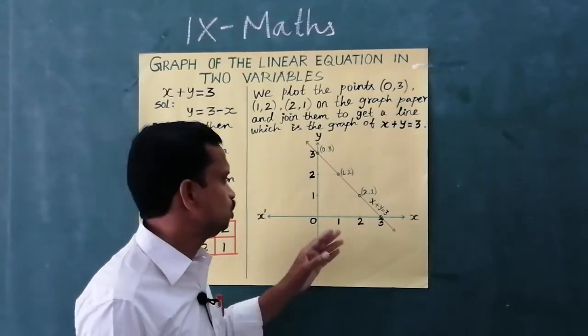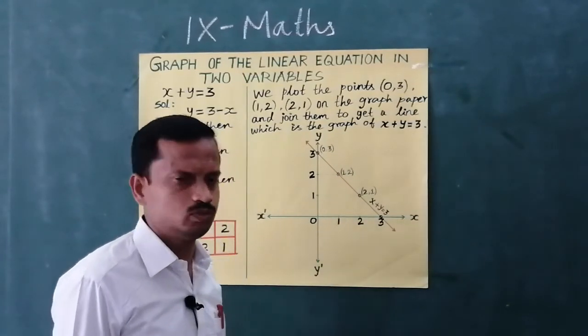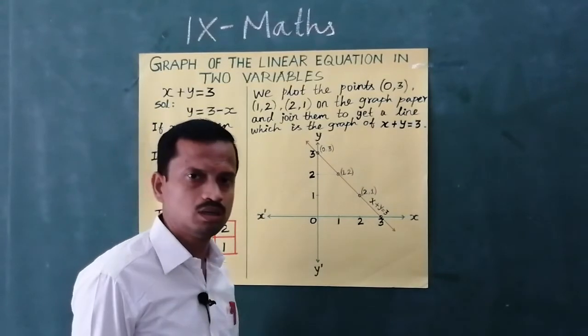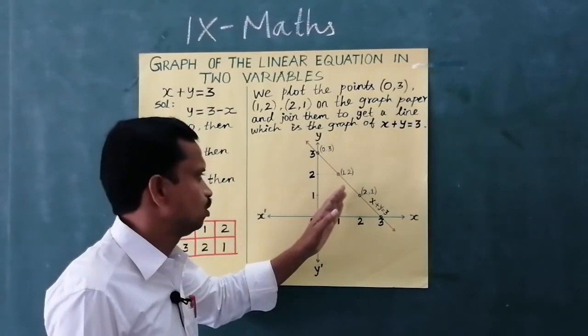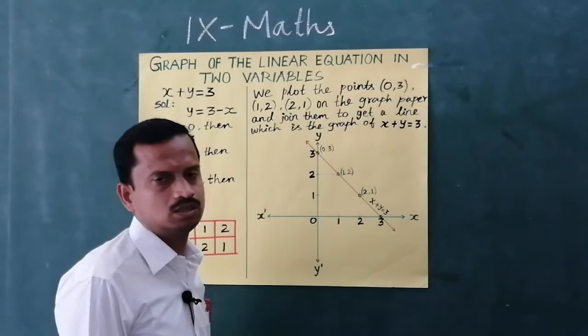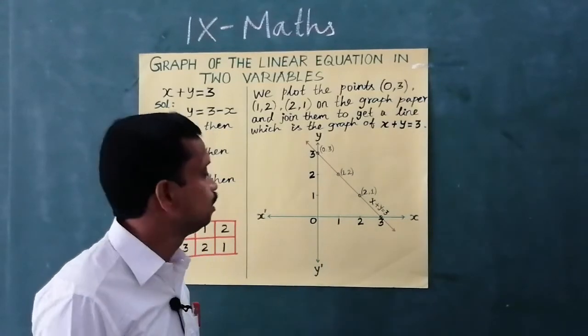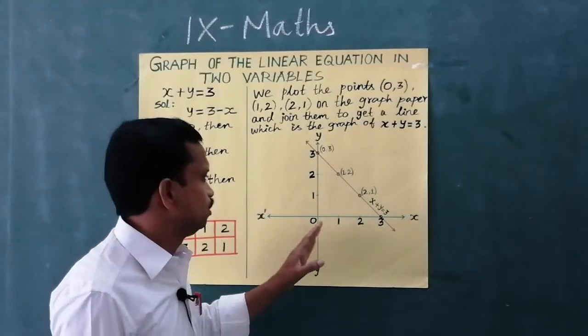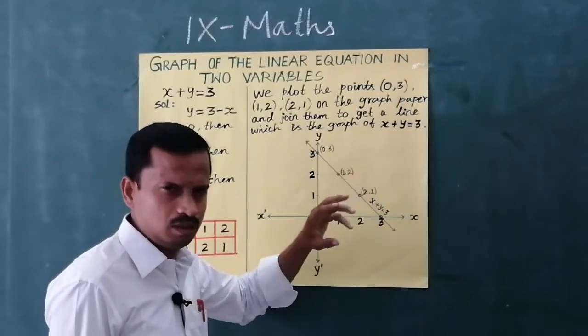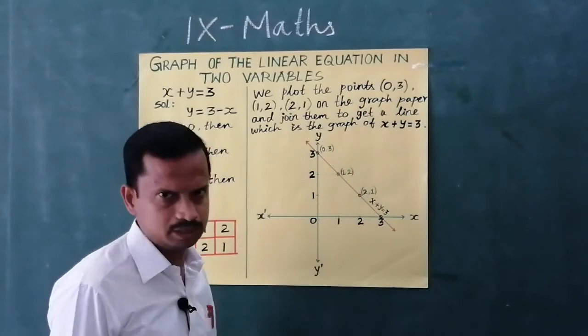So all these points will lie in quadrant 1 or on the x or y axis. Am I right? So you have to make that area bigger compared to the other 3 quadrants.